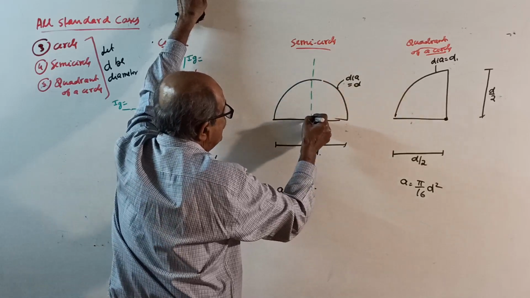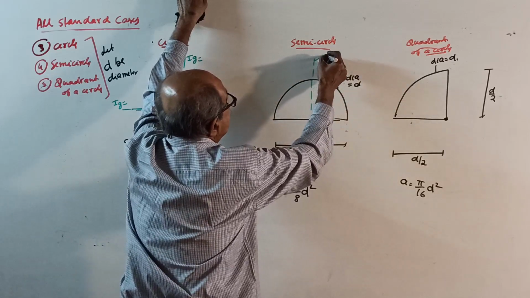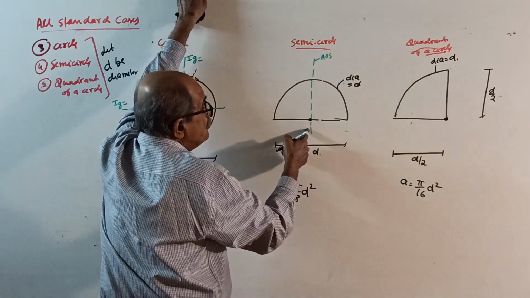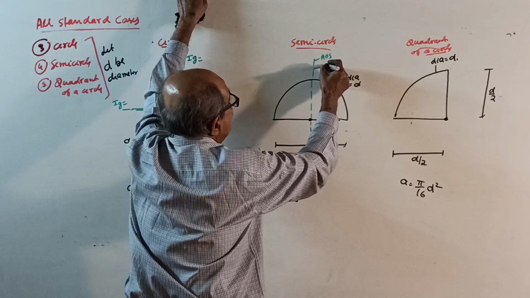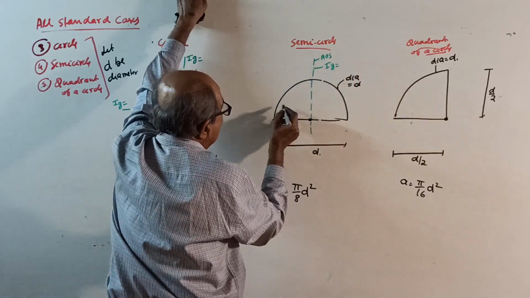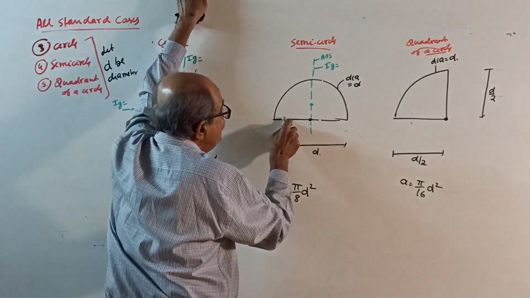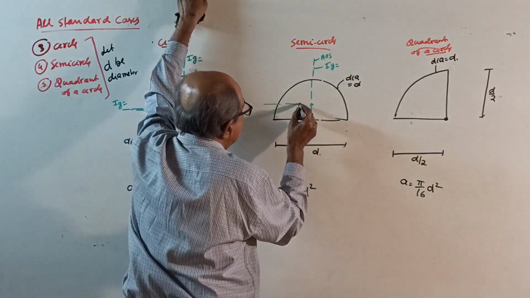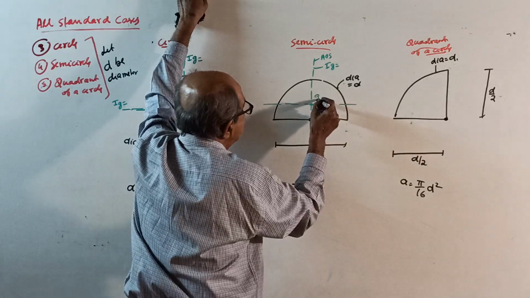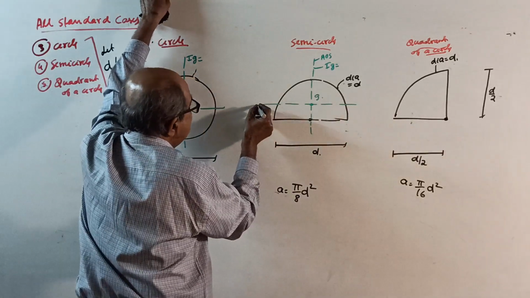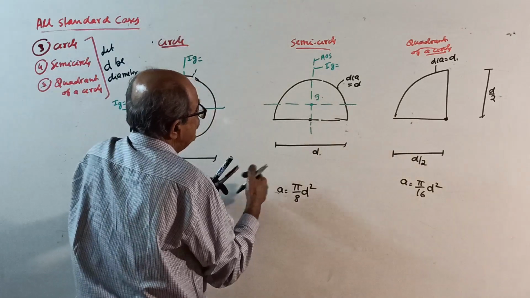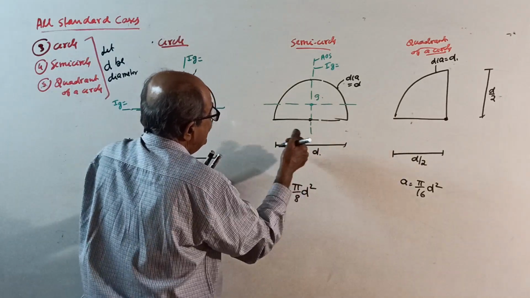Make a note here. It is one of the centroidal axes, so this is one IG you want. The other is somewhere here, near to this base. This is CG.